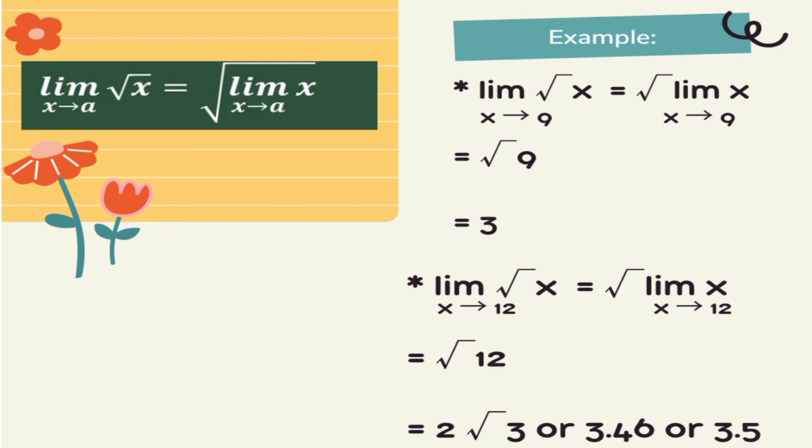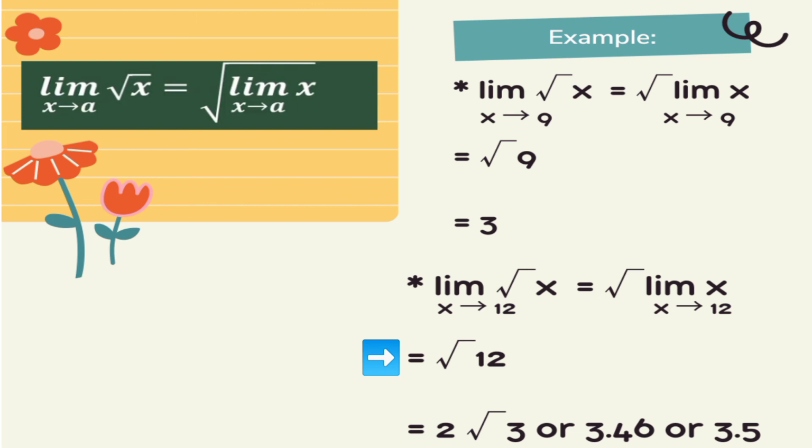For the second example, we have the limit of the square root of x as x approaches 12. Applying theorem number 8, that would be the square root of the limit of x as x approaches 12. Then applying theorem number 2, we get the value of where x approaches, which is 12.